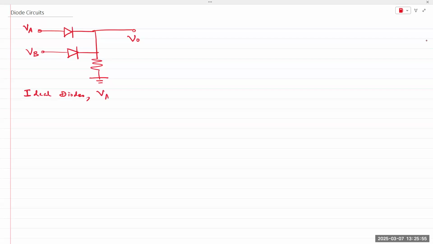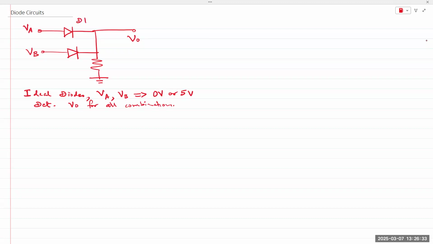And VA and VB can be either 0 volts or 5 volts. Determine VO for all combinations of VA and VB.